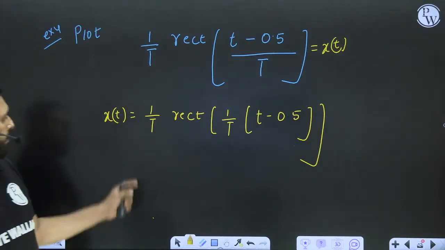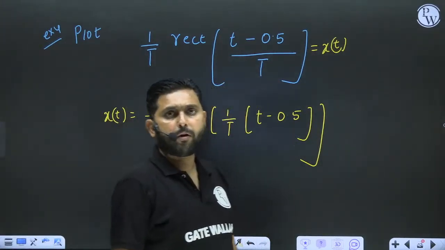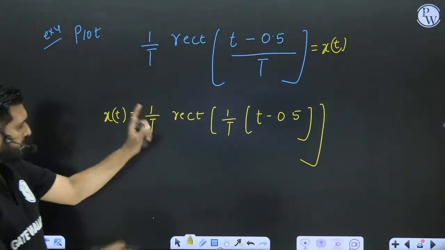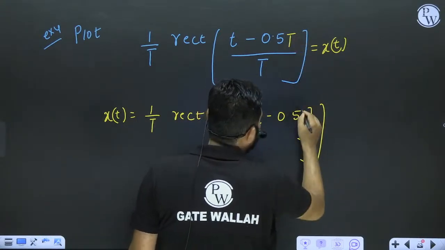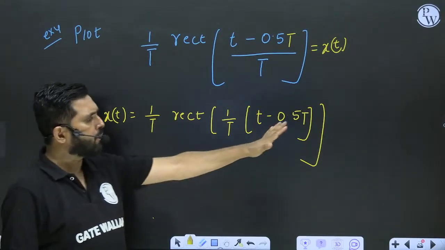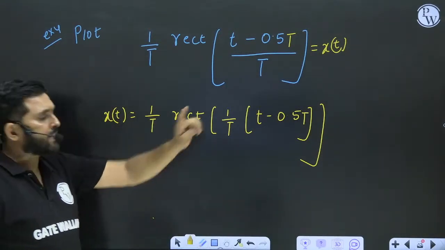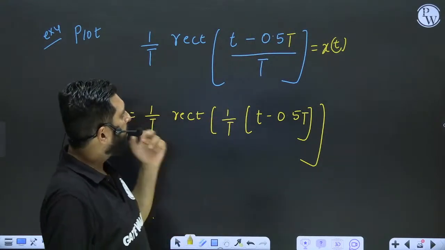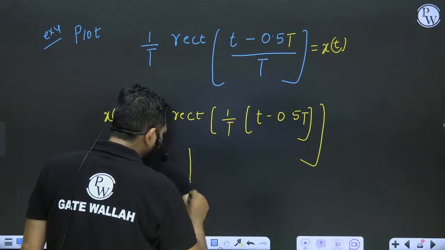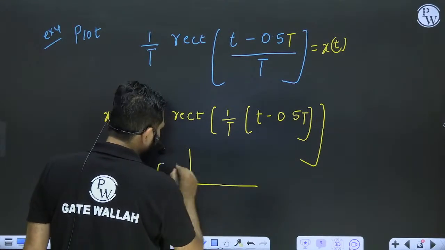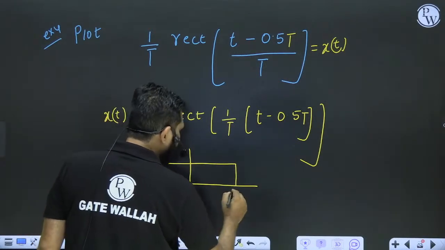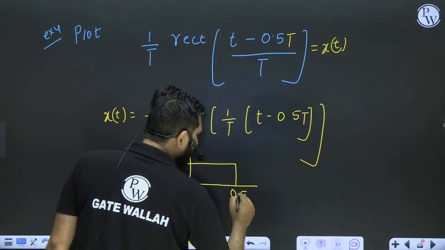Let's call it 0.5 T, so that everything is in the form of T. Please change it to a capital T here. Now let's first take rect t. What is rect t? Just now I said rect t is this one, from minus 0.5 to 0.5, and the value is 1.